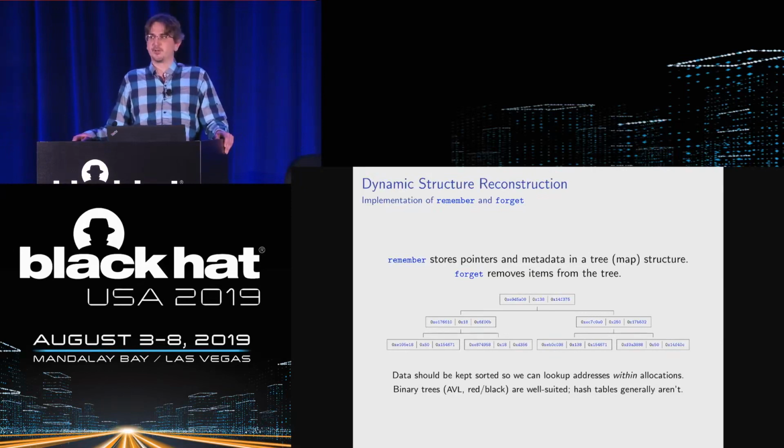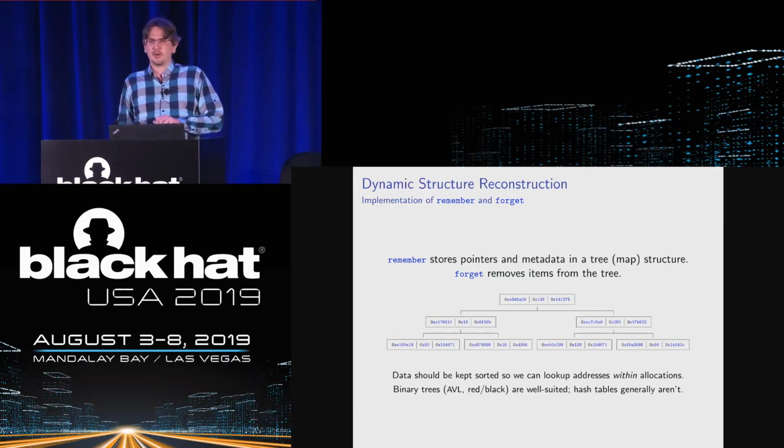For this purpose, usually something like a binary tree is preferred. AVL trees are good here. They have strict balancing requirements, whereas red-black trees work, but their lookups are a little slower than AVL trees. I recently realized you could use something along the lines of not quite a hash table, but sort of segment the addresses the same way that the page table translation process does it. That's yet to be explored. So remember adds items into this map and forget removes them.